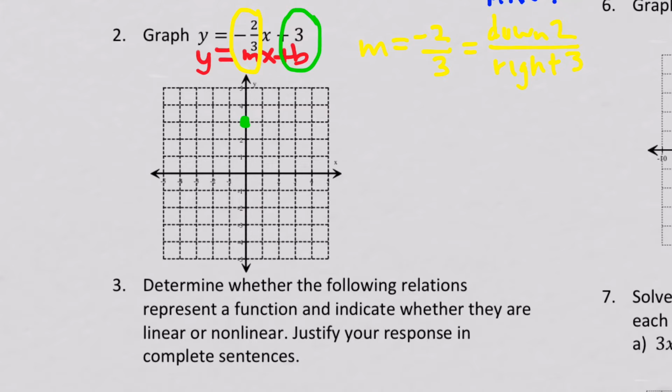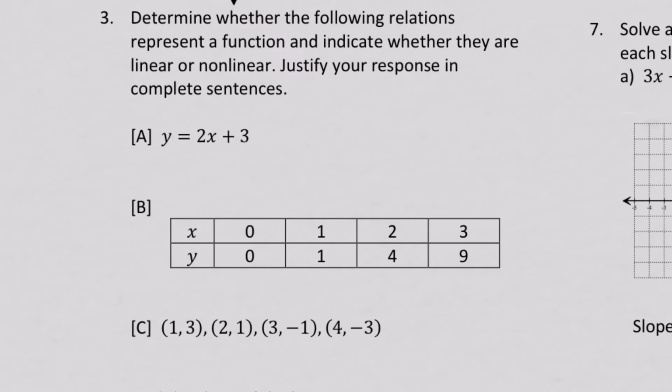If I apply that, from the y-intercept I'm going to go down twice, and then I'm going to go right 1, 2, 3 times, which will give me my second point right there. So again, I went down twice, I went right 3 times to give me my second point. And once I have that, I can then just connect my points to graph my line.